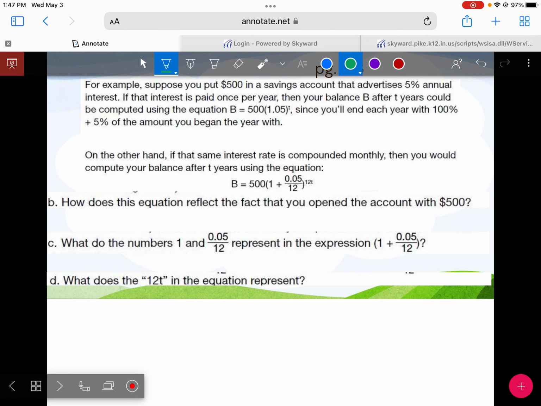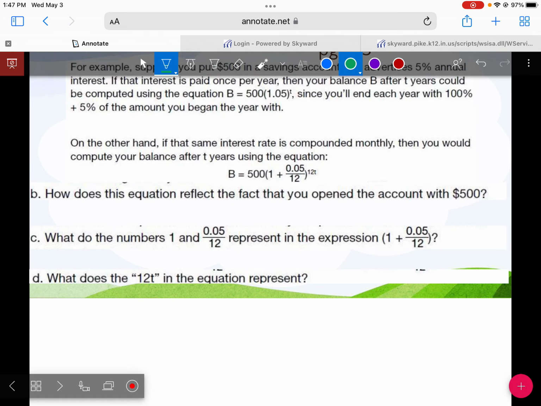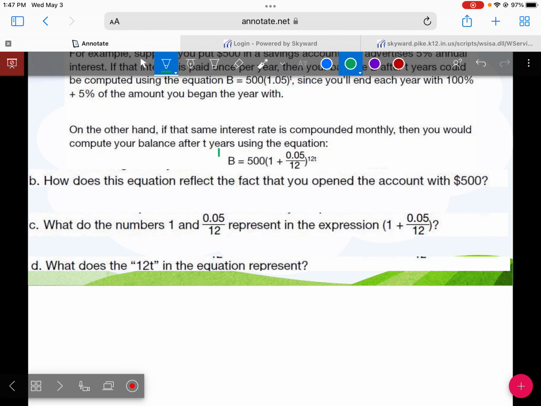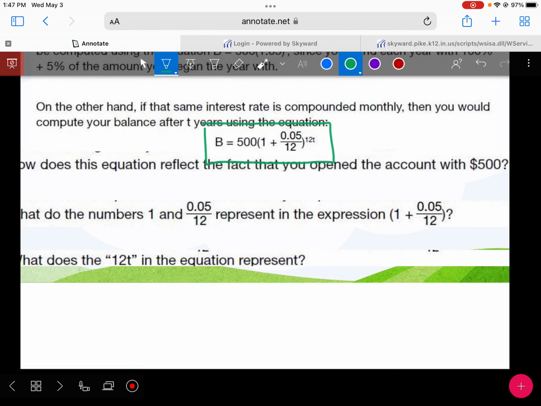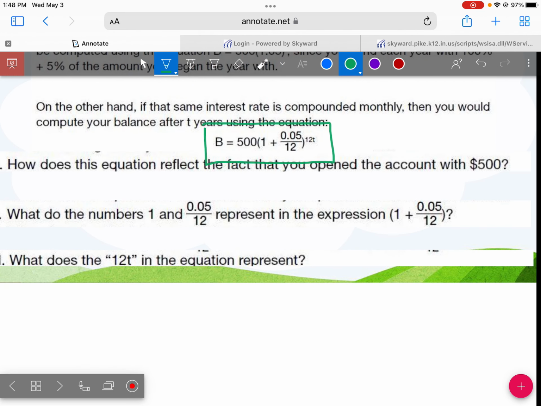Second slide says, how does this equation, the one that we're talking about right here, reflect the fact that you opened the account with $500? How does that equation reflect the fact that you opened the account with $500?